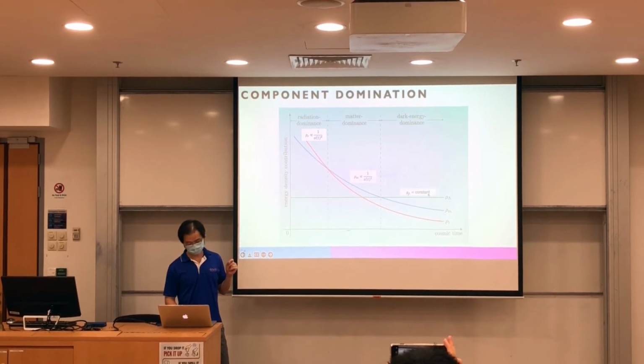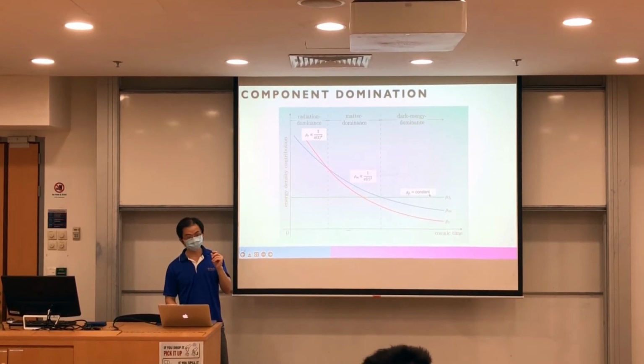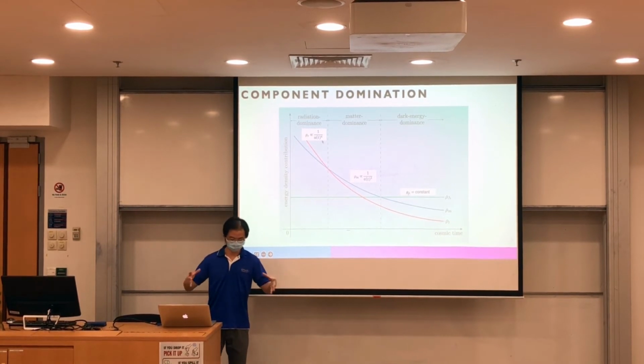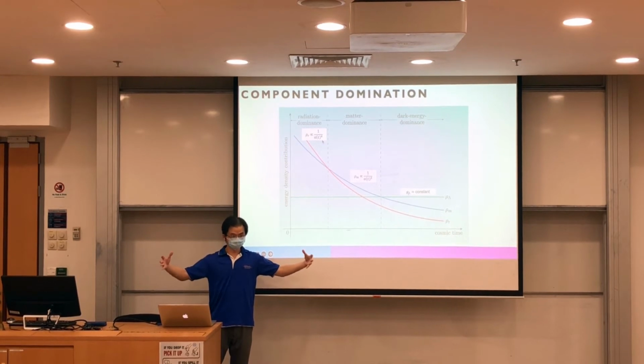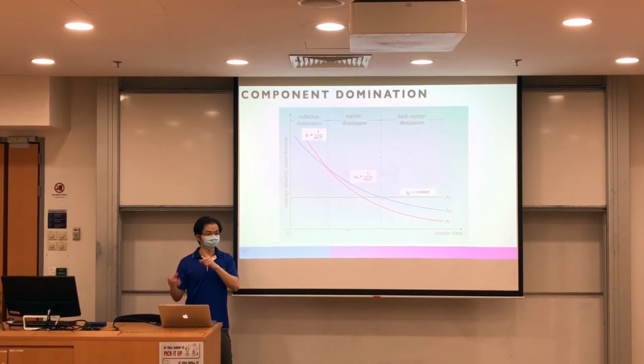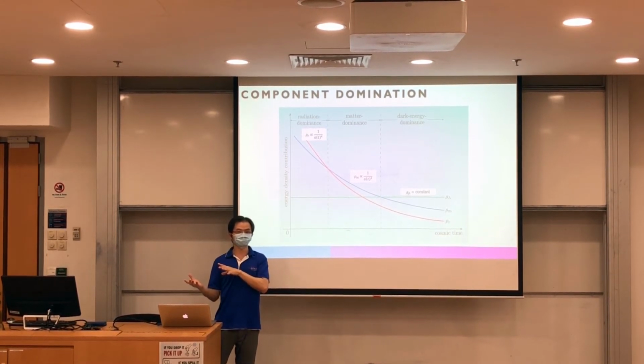Vacuum density, that means the energy density of empty space, is a constant. So we sketch graphs, and then we realize that when a changes, a is your scale factor, so when a gets bigger, the universe gets bigger. This means the densities will change as the universe changes in size.